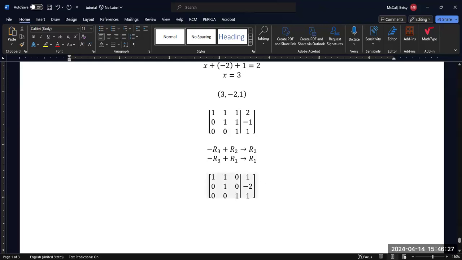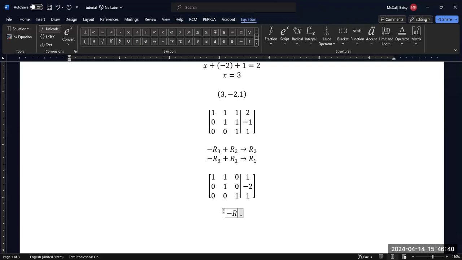And then I need just one more. I need to take this pivot to get rid of this one. So that's going to be negative row 2 plus row 1 going back to row 1.